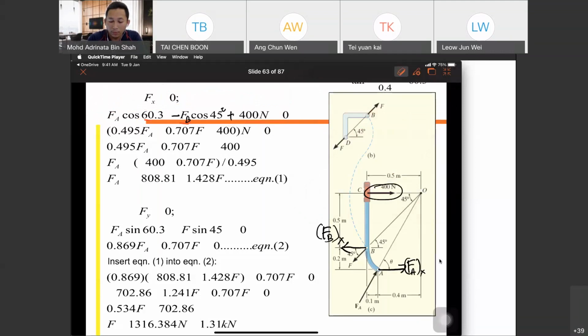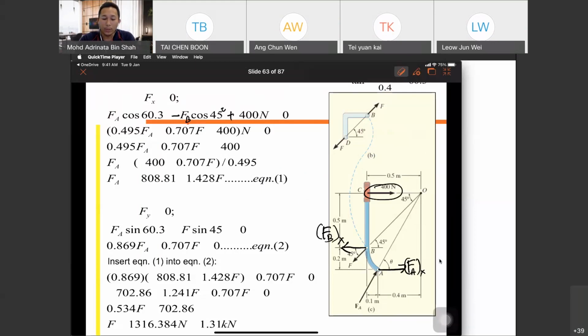It is different from the previous chapter, where we want to know Fx in x direction, so we want the results. But in this chapter, we know that Fx equals to 0.